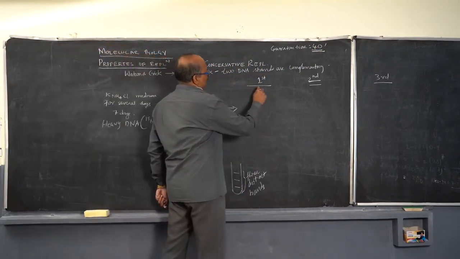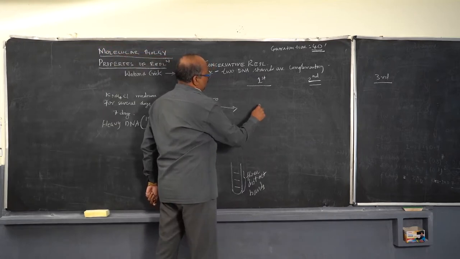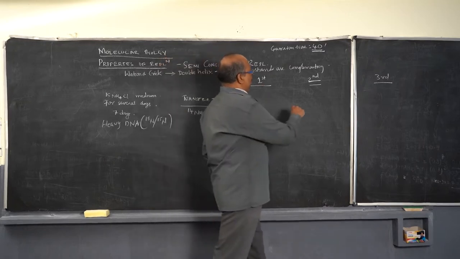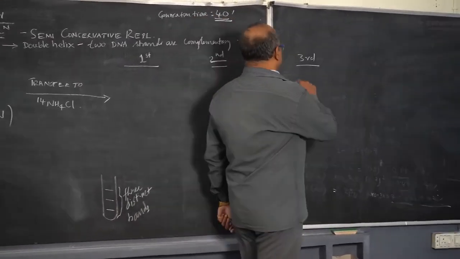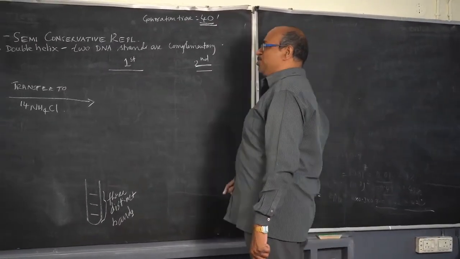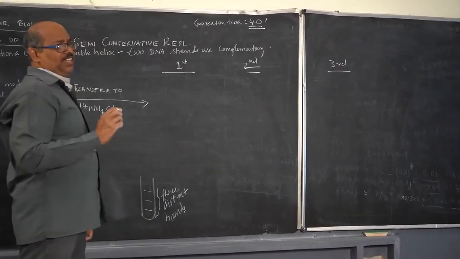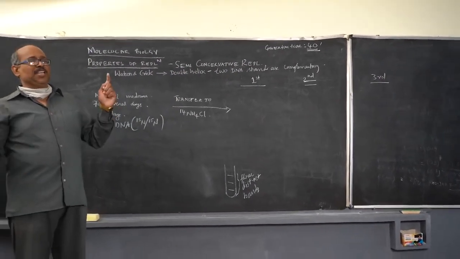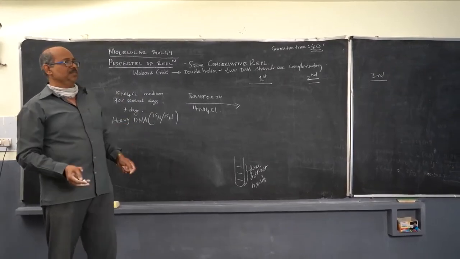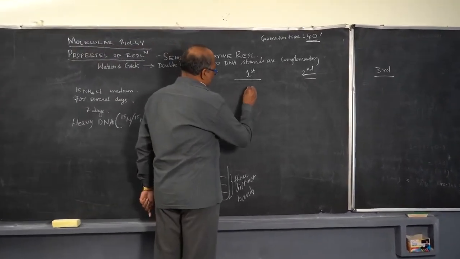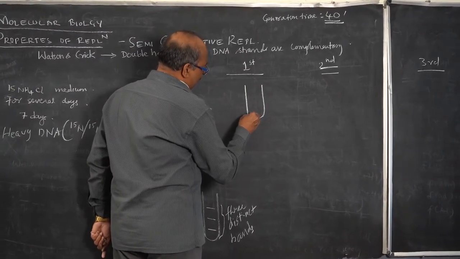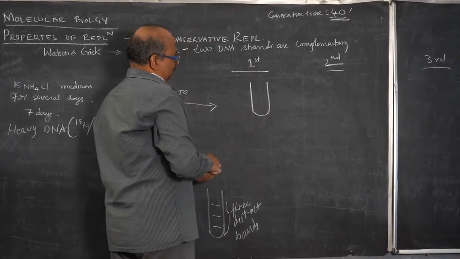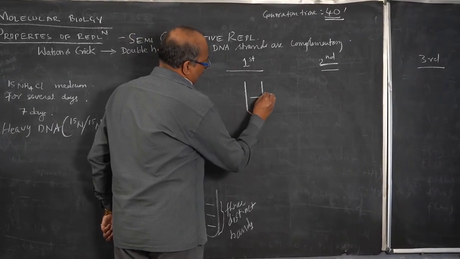So first, after completion of the first 40 minutes, you take a small amount of E. coli cells, extract the DNA, and centrifuge it. Then after 80 minutes, you take another set of E. coli cells, then you do the extraction. And then after 2 hours, you take one more set of E. coli cells, you extract the DNA, and then you find out based on the buoyant density where the DNA comes. So when they did this, at the end of the first generation, they found a single band corresponding to hybrid DNA.